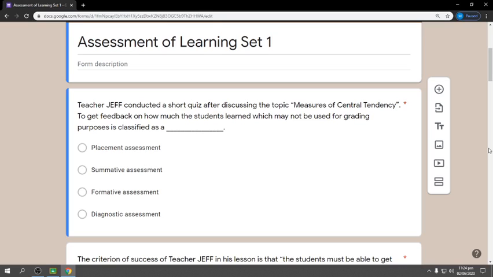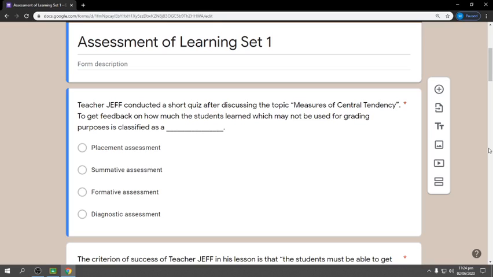In this situation, first let's go to the question. The first sentence seems to give you a shock, because it mentions the measures of central tendency. You might think, oh, this is some concept in math, so it might be talking about mean, median, mode, or range.